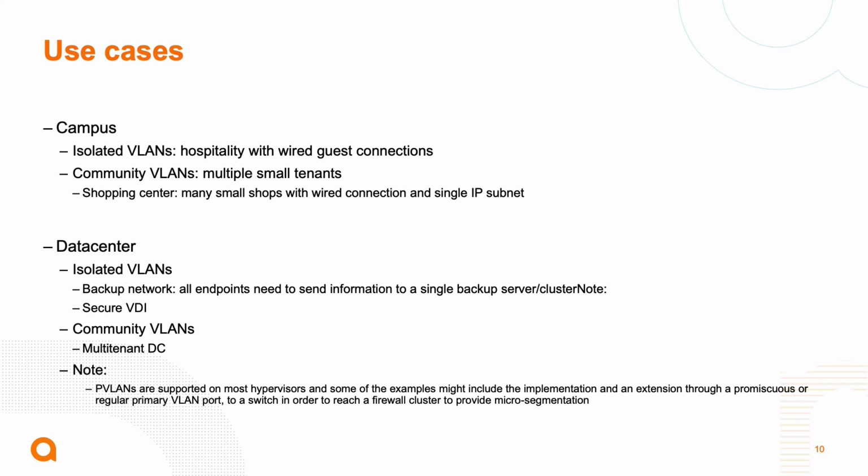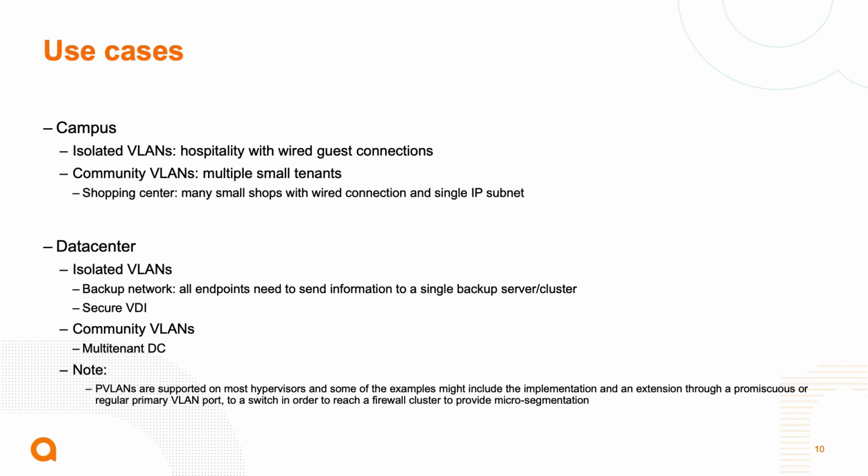Now, community VLANs are used when you want to isolate groups of ports. So in that case, think of a shopping center or a shopping mall where you have small shops that have more than one wired connection, and you want to have the whole shopping center with a single IP subnet.